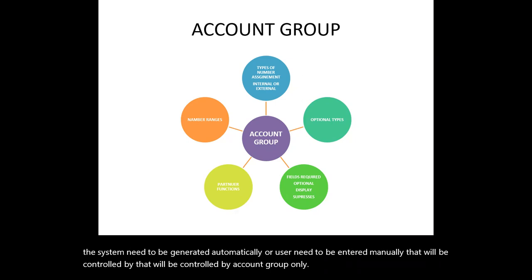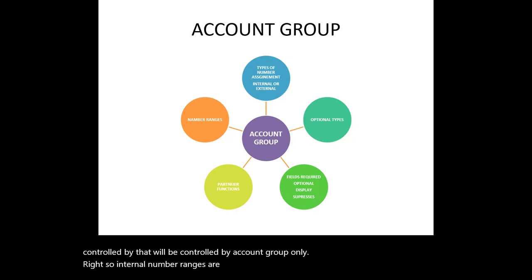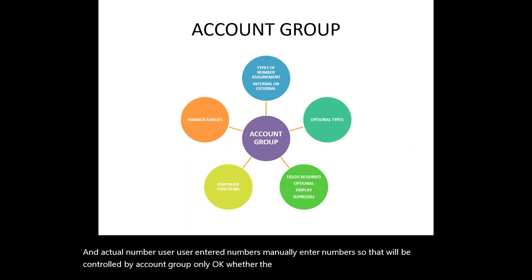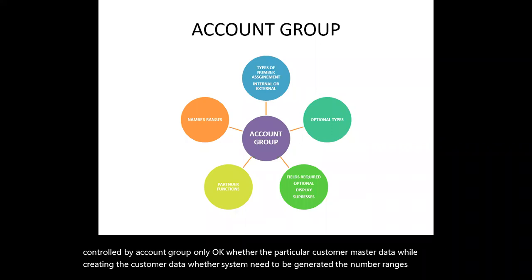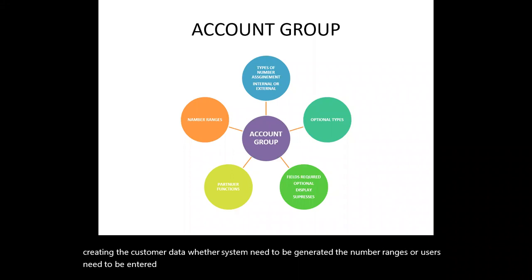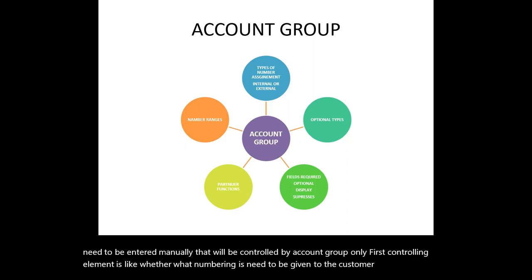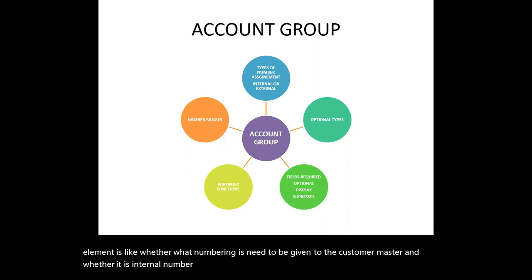So while creating the customer master data, whether the system needs to generate the number or the user needs to enter it manually will be controlled by the account group. The first controlling element is what number ranges need to be given to the customer master, and whether it is an internal or external number range.